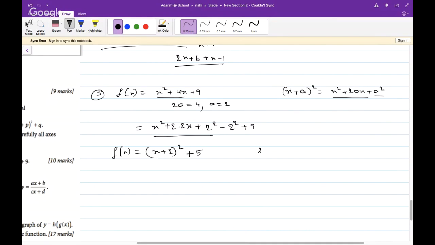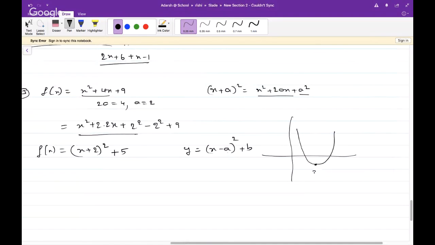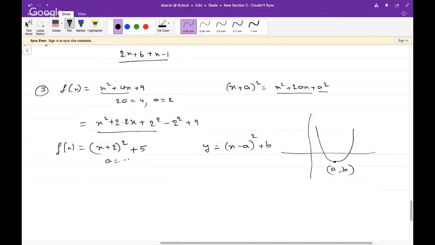So f of x is this way. Now compare this with y is equal to x minus a the whole square plus b. Now this is a function where a comma b is the vertex. a comma b is the vertex. Okay, now a happens to be minus 2 and b happens to be plus 5.